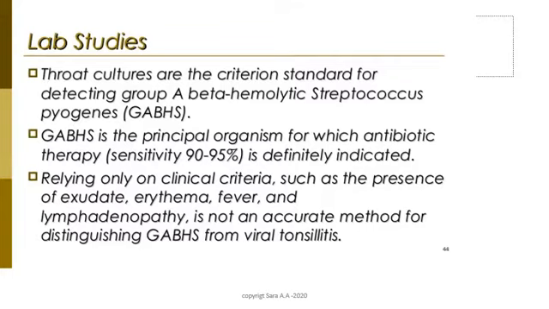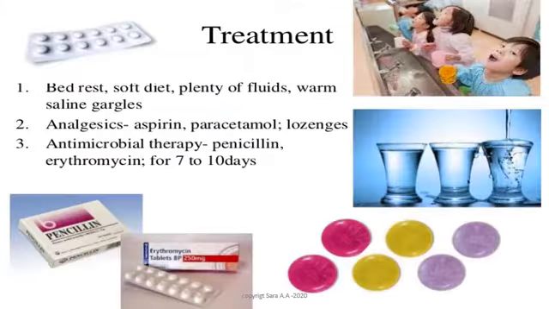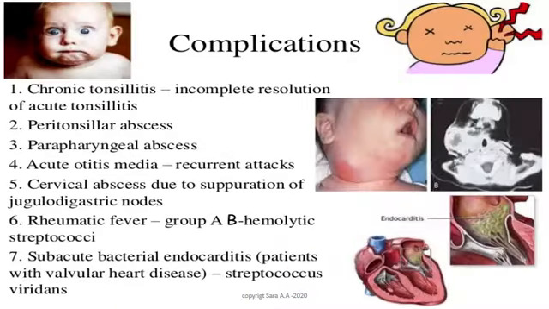But during viral tonsillitis, we shouldn't do just antibacterial therapy. The gold standard treatment is bed rest, diet, plenty of fluids, warm sealing, gargles, and sometimes we use analgesics and antimicrobial therapy for 7 days.